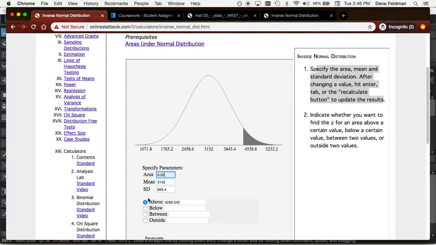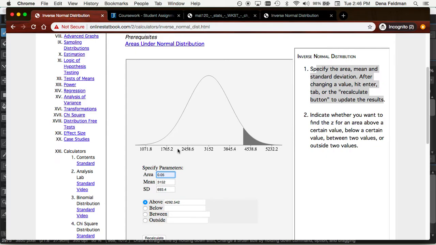Now for here, I know that I want the area below, so I should be selecting this button below, shouldn't I? I should be talking about the 5% area that is below some unknown value that I'm trying to find.